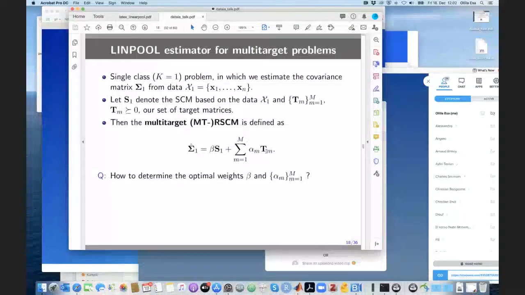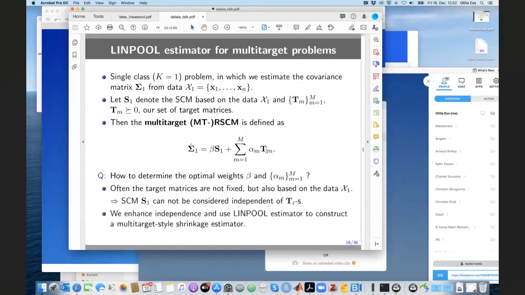Then, of course, the question is again, how should we choose these optimal weight terms? And the problem that may appear when we minimize the mean squared error is that these target matrices in practice are not really independent of the data itself, because often they are built on a priori knowledge of the covariance matrix.